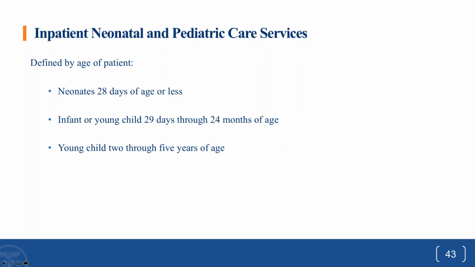That's good to know, right? So again, neonates, 28 days or less. Infants, 29 through 24 months. And then a young child from age 2 through 5 years of age.